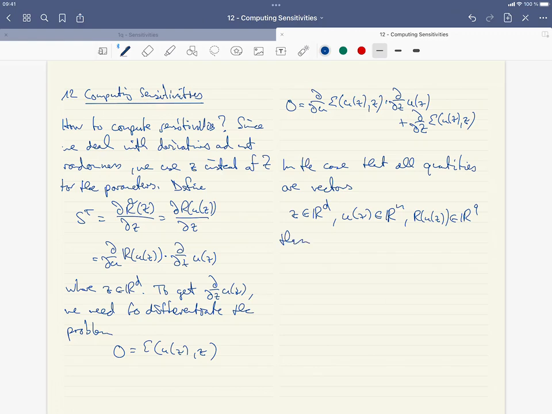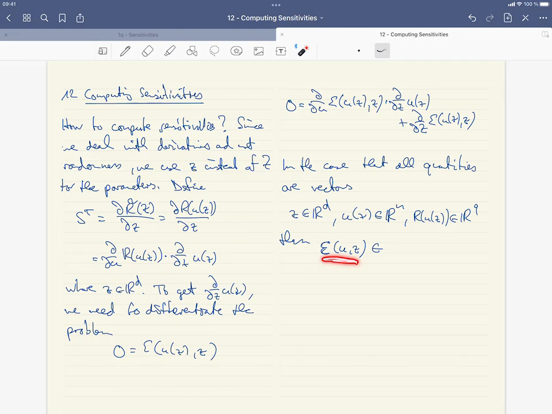Then what's the assumption? Then e of u and z, if I compute this, must also be in R^n because we assume unique solvability of this thing. So we're assuming that the solution has n components.